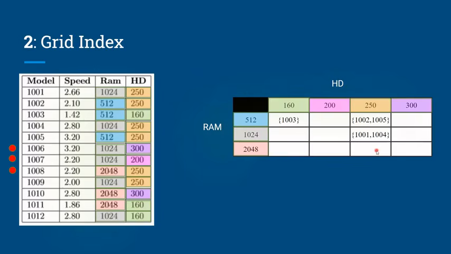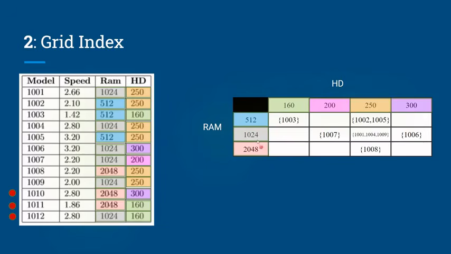So we got these three entries now indexed in our grid index. 1009, where would this one be inserted? 1024 intersecting with 250. 1010 should be in 2048 intersecting with 300, so it'll be right there.